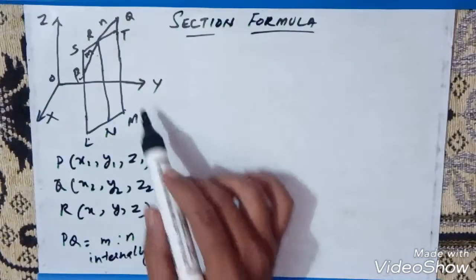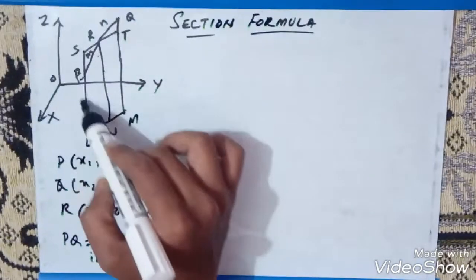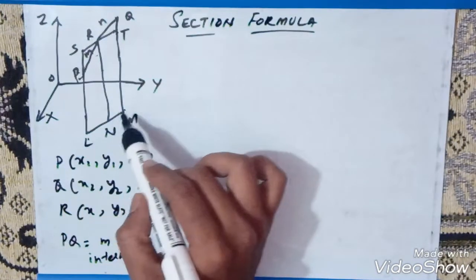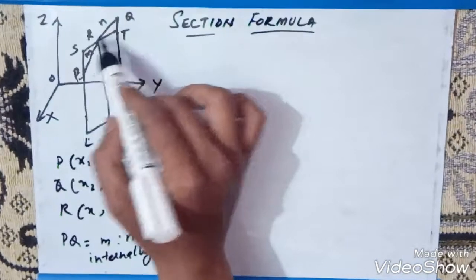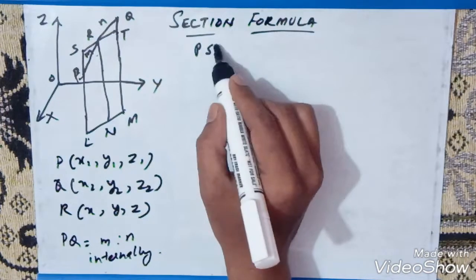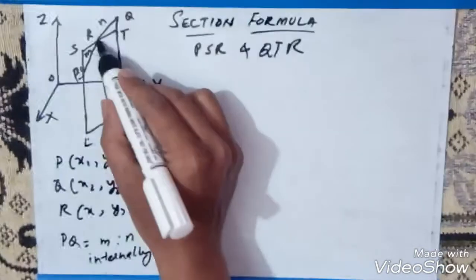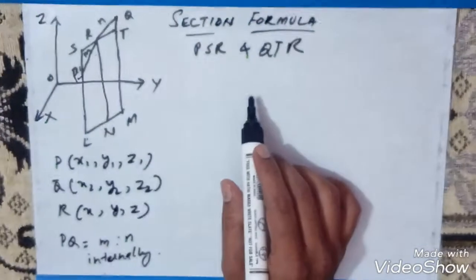Now note that we have the two quadrilaterals here, LNRS and NMTR. These are the two quadrilaterals, also called parallelograms. Let us now take the triangles PSR and QTR. These are the two triangles you can see here. These are similar triangles.